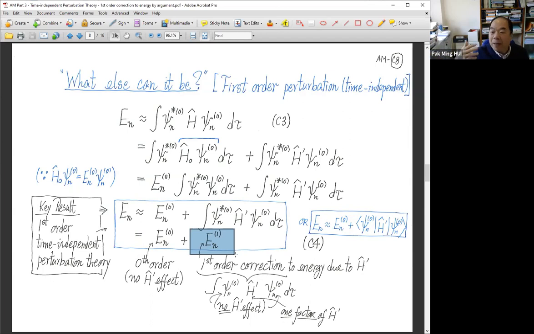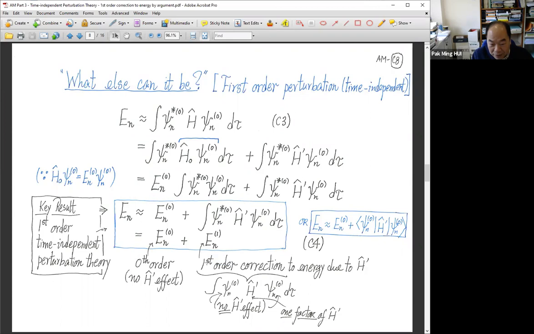But at least that is exactly the form we motivated the technique with at the beginning. We want to look for corrections due to H prime, and H prime is indeed here. So this will be the first order perturbation result for the energy.